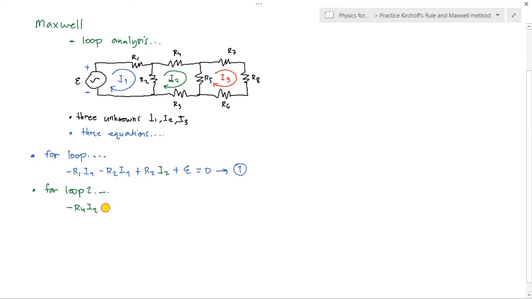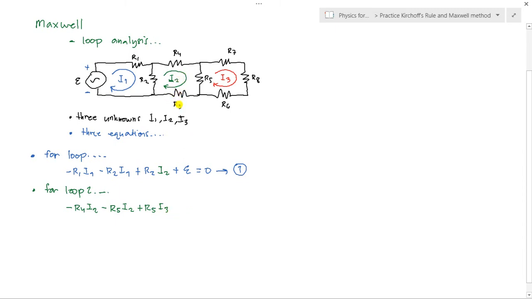So si R5, in terms of I2, voltage drop na pod. However, for R5, di lang si I2, influence pod si I3, but opposite. So therefore, this is positive, kay opposite man ang direction ni I3 kay I2. So that is plus R5 I3.